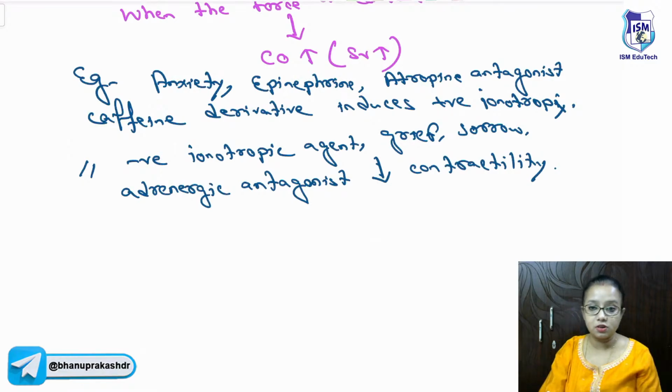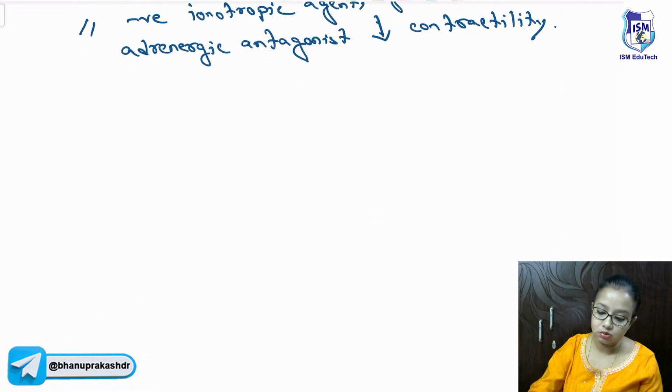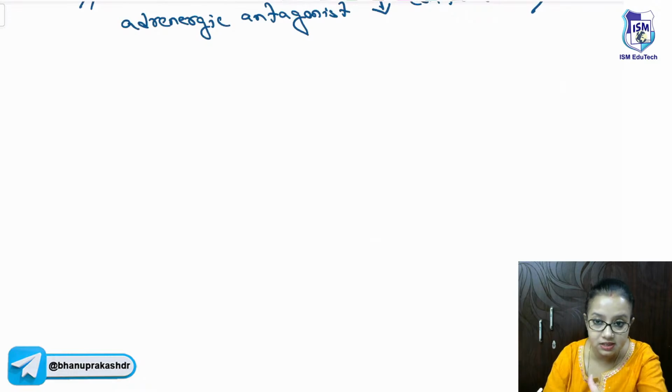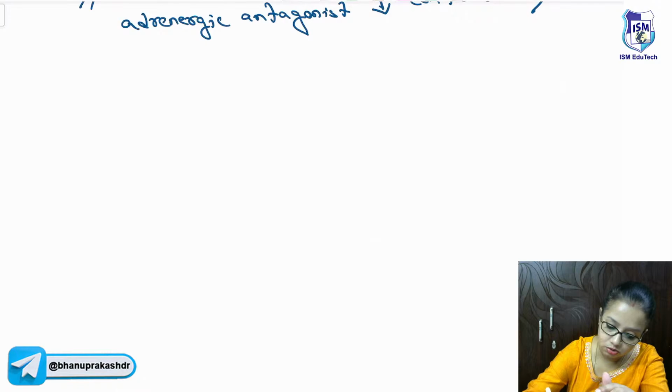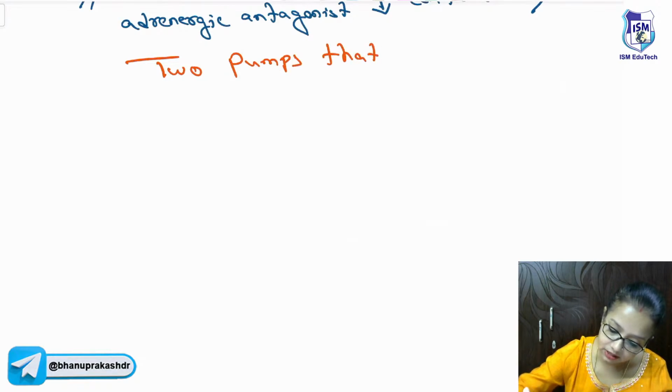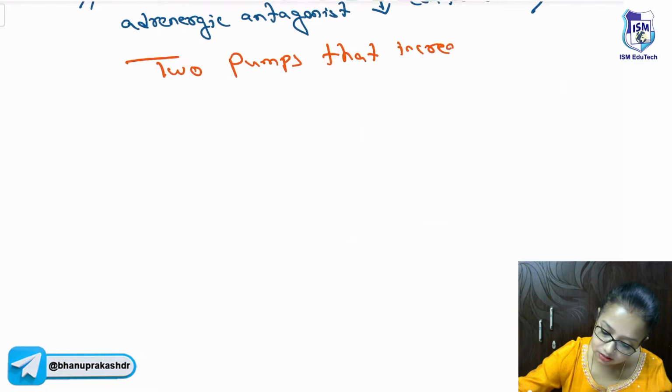Now, apart from this, there are two pumps which increase the contractility, or rather these two pumps also help in increasing the stroke volume. There are two pumps that increase the stroke volume.